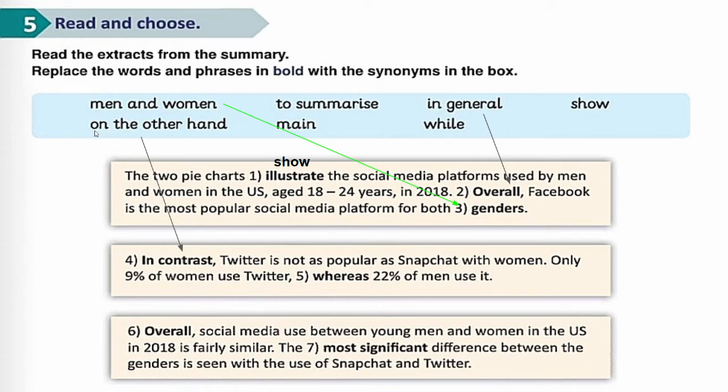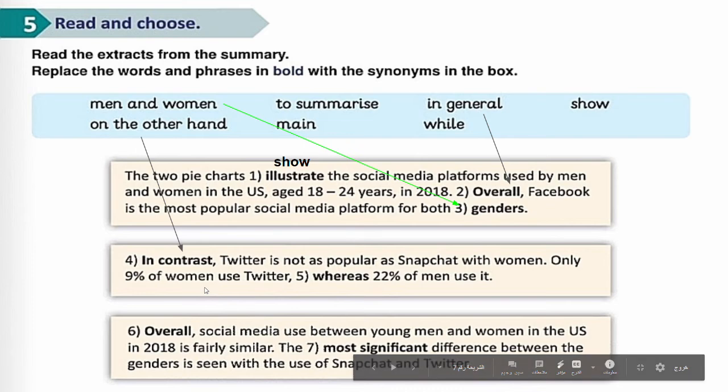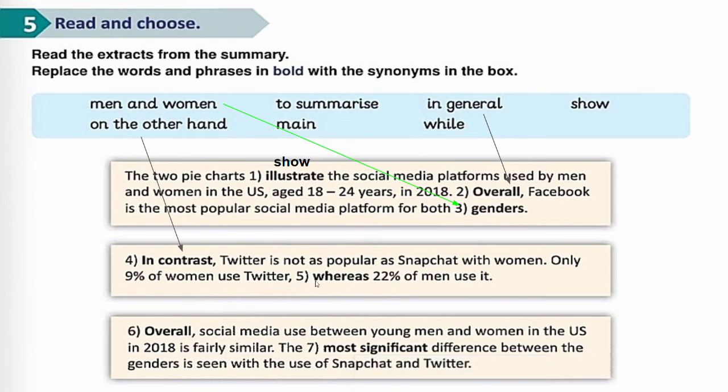The O should be written in capital letter because it's the beginning of the sentence. Let's continue. Only 9% of women use Twitter, whereas here also we have contrast. So what can we say instead of whereas? Yes, good, we can use while. So while 22% of men use it.